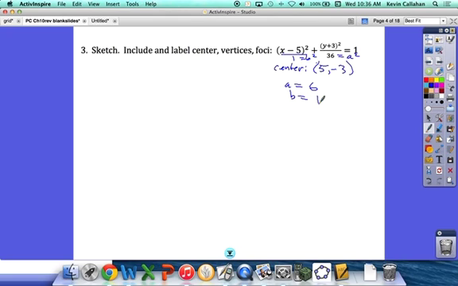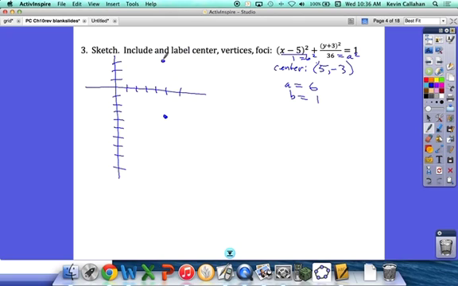So do that. (5, -3). 1, 2, 3, 4, 5, 6. 1, 2, 3, 4, 5, 6, 7, 8, 9. 1, 2, 3. So we're going to go (5, -3). 1, 2, 3, 4, 5. 1, 2, 3. Then we should go up 6 and down 6.